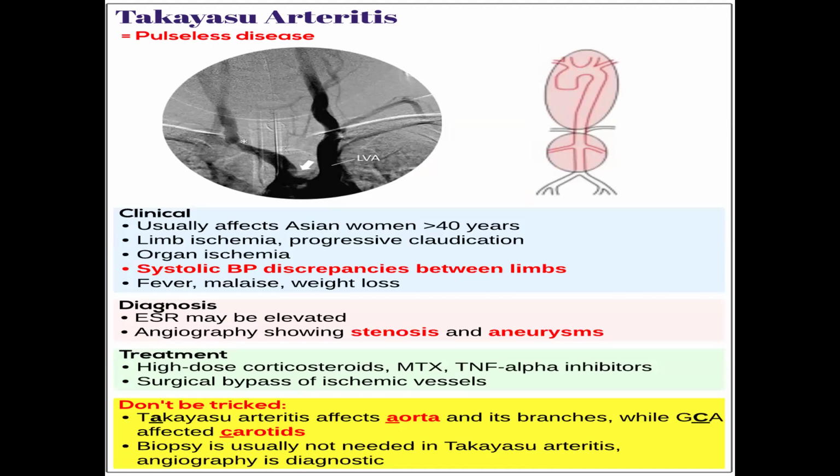Takayasu arteritis, or pulseless disease, usually affects Asian women above 40. Limb ischemia, progressive claudication, organ ischemia, systolic blood pressure discrepancies between the limbs. ESR may be elevated, and the diagnosis is angiography, showing the stenosis and aneurysm.